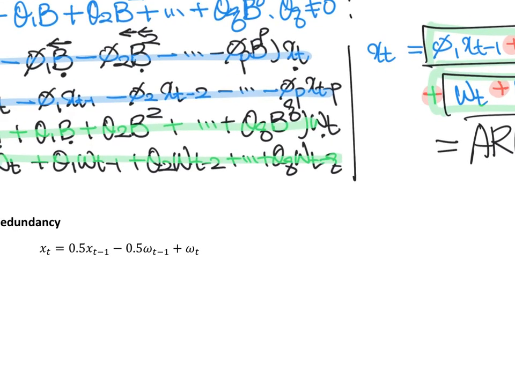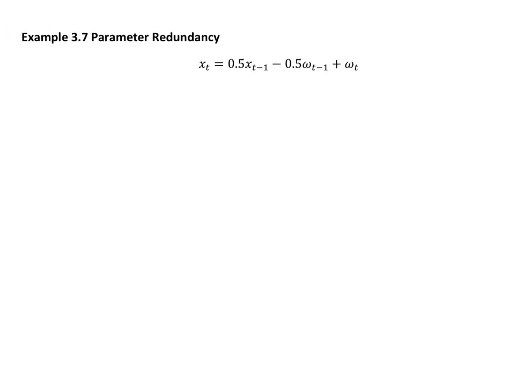Here's example 4. Look at this one. Here's 0.5 x t minus 1, and here's w t and w t minus 1. So it is an ARMA. How many p? How many q?